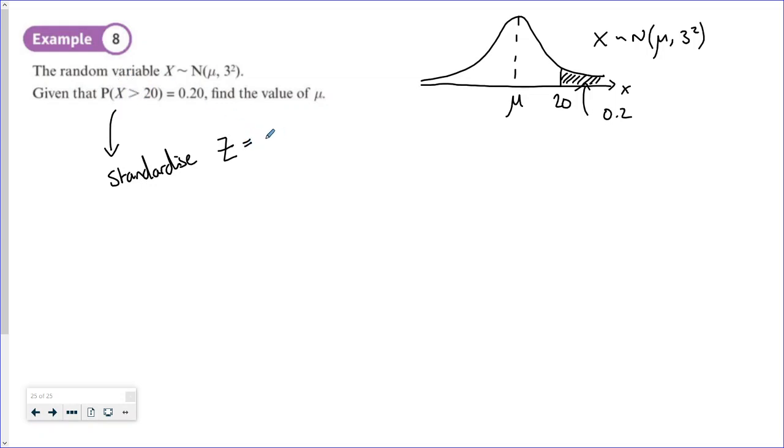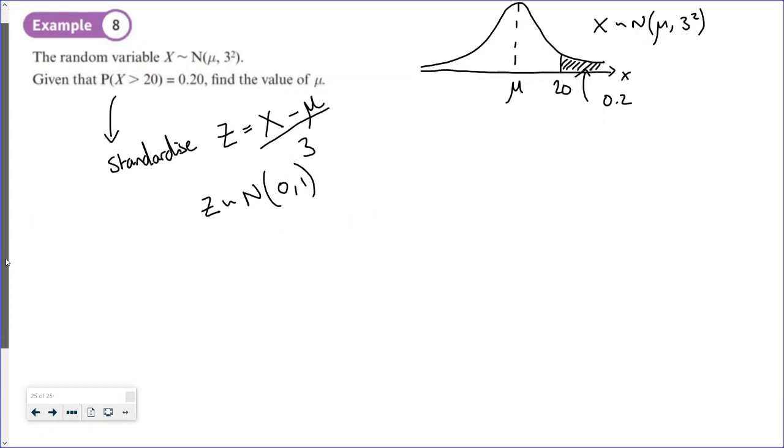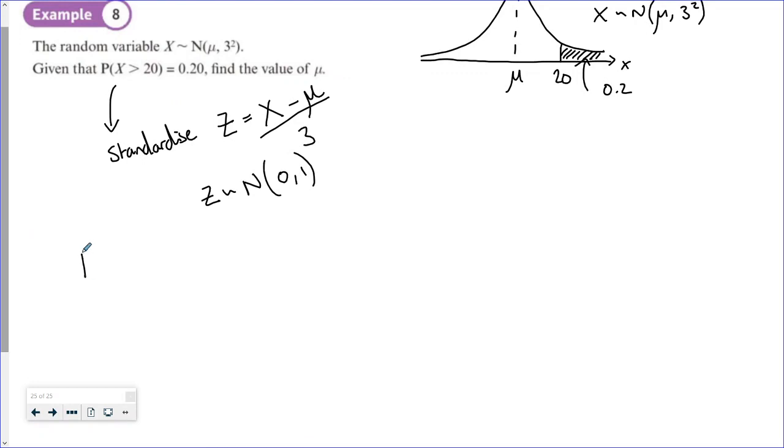Here z is going to be our random variable, and to standardize it we take our random variable x, take away its mean, which is mu, and divide by the standard deviation of this random variable, which is 3. And we know in this case z, when we standardize, always follows a normal 0, 1 distribution, that's the standard normal variable. So let's take our probability statement to do with x and try and transform it into a statement to do with z.